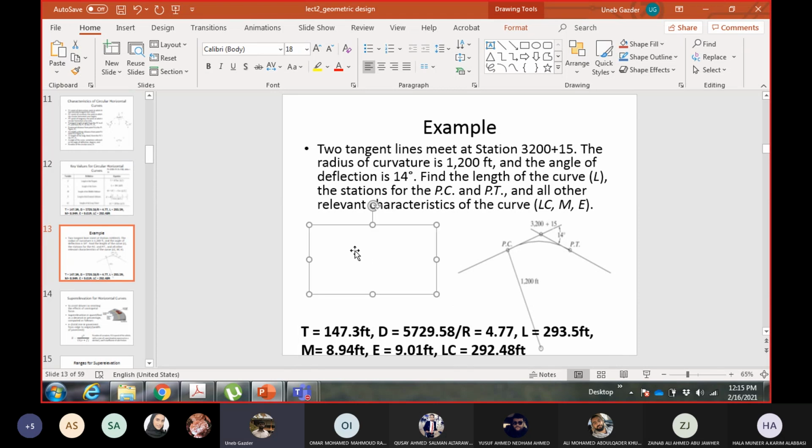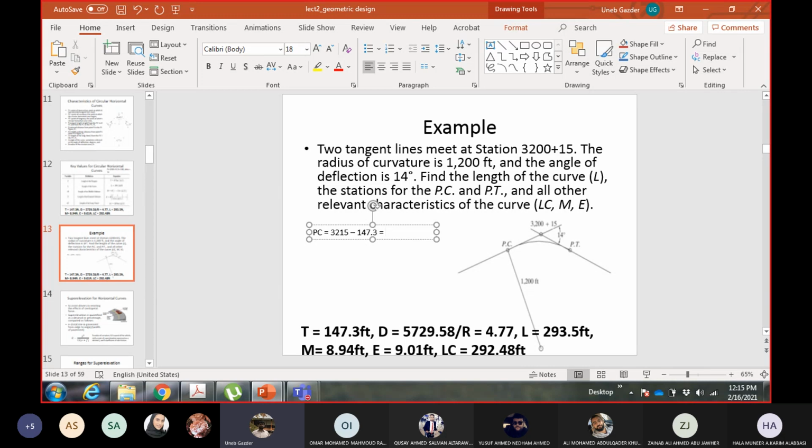Okay, so I should take PI and subtract the tangent length to get PC. PI minus tangent length will give you PC. So PC is 3215, which is the distance of PI, right? You converted it to distance. And minus the tangent length, which is 147.3.